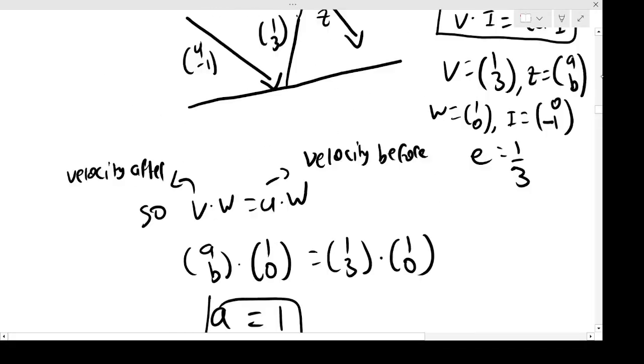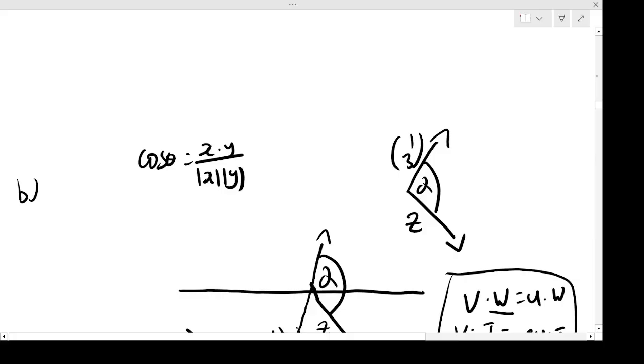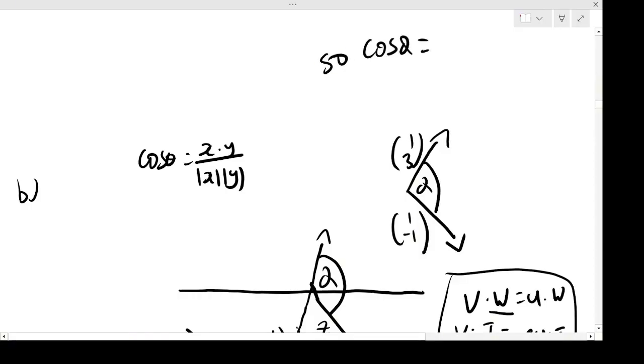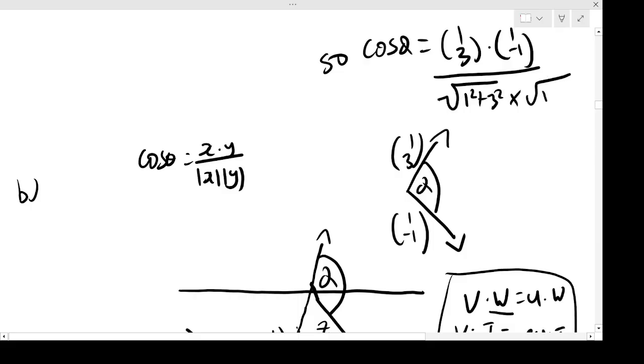Okay, so now I'm in a position to work out the angle of deflection. So here Z, I've just worked out to be 1 -1. So if I use this standard formula from Core Pure, the angle alpha, cos alpha is going to be 1 3 dotted with 1 -1 over the modulus of 1 squared add 3 squared times the root of 1 squared add -1 squared.